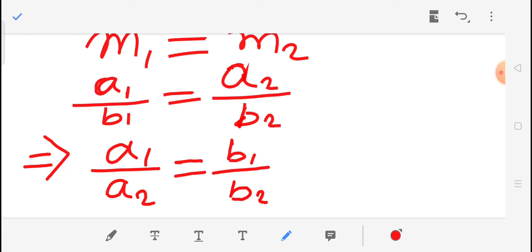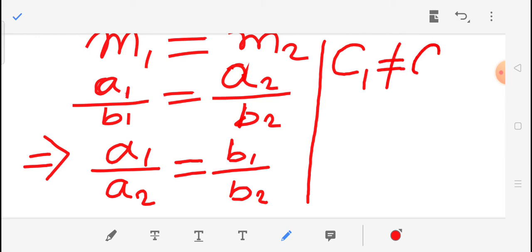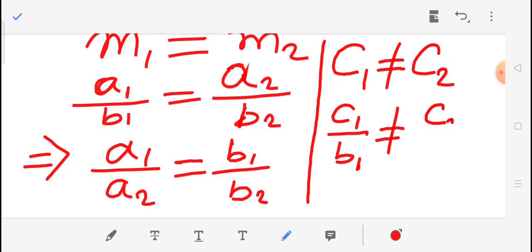Now there is another condition with the intercept, and that is capital C1 is not equal to capital C2. If capital C1 is not equal to capital C2, we can write it as C1 by B1 is not equal to C2 by B2.